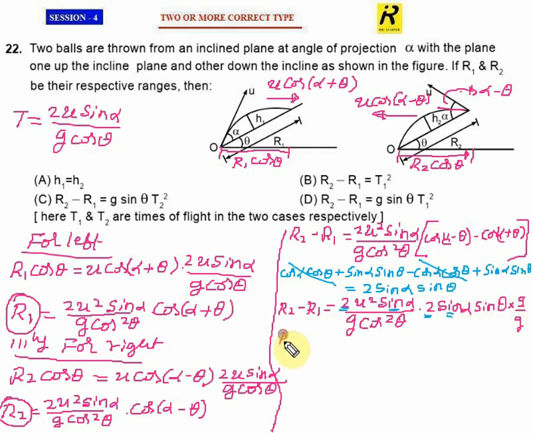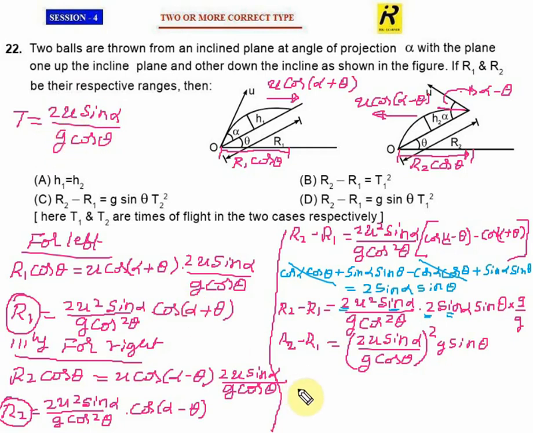Now R2 minus R1 equals 2 into 2 is 4, that is nothing but 2, so 2u sine alpha divided by g into cos theta, in brackets squared, and the things which are left are g sine theta. No doubt the bracket term is nothing but 2u sine alpha divided by g cos theta, which is our t.